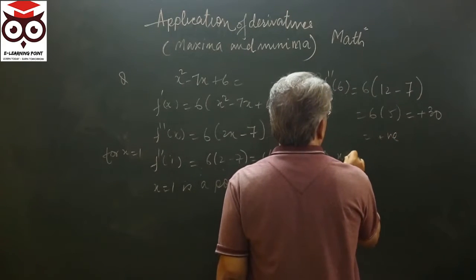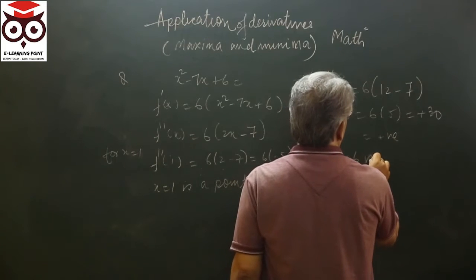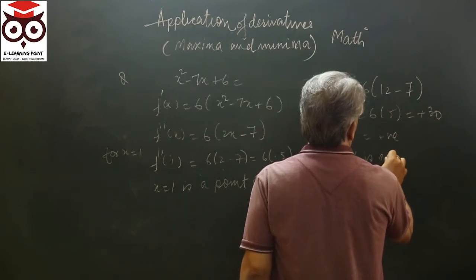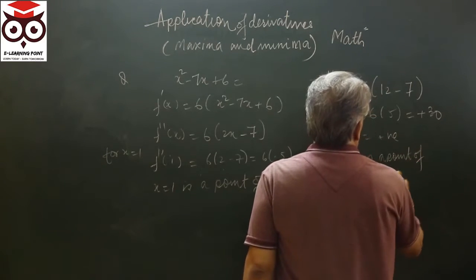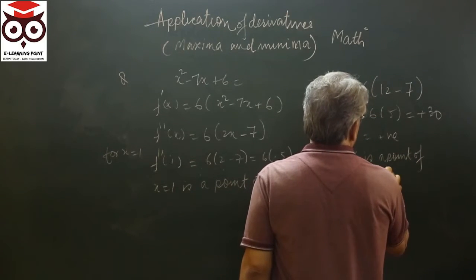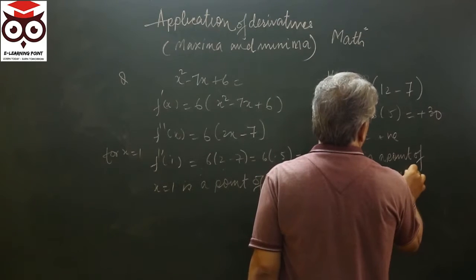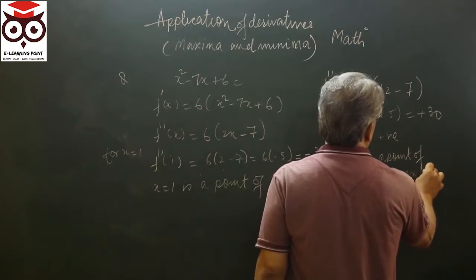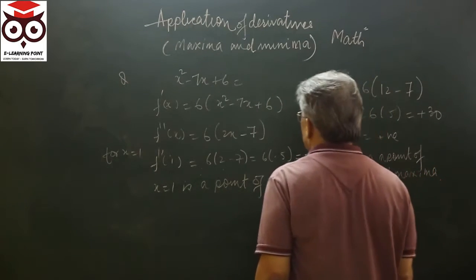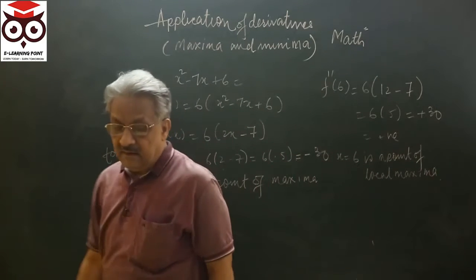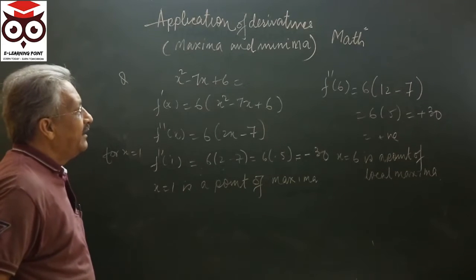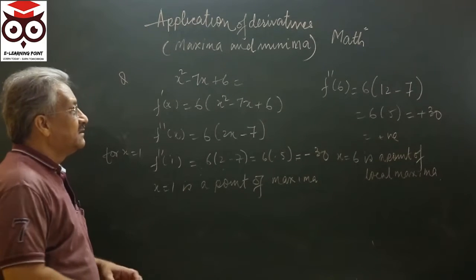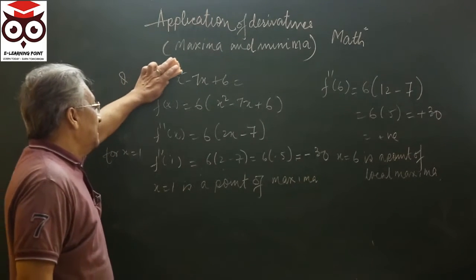So I will say x is equal to 6 is a point of local maxima. It means here are so many points which can be maxima and minima.